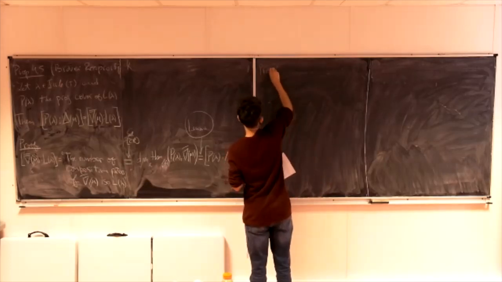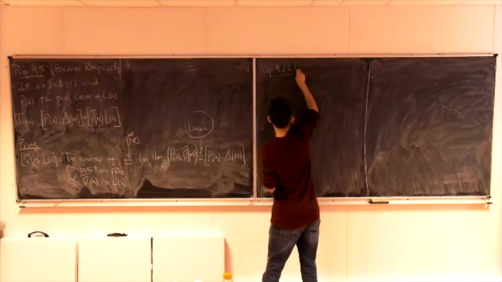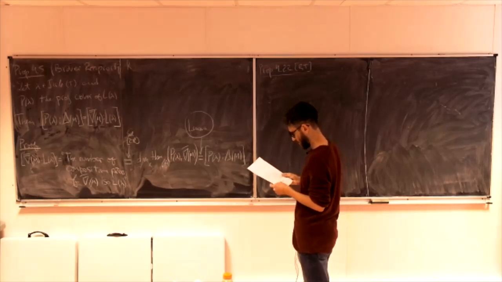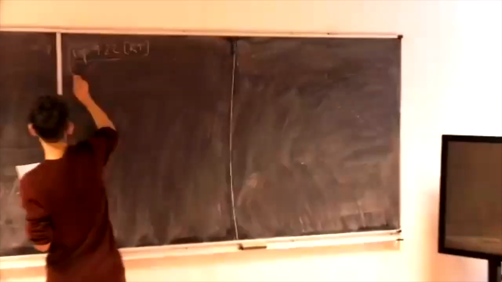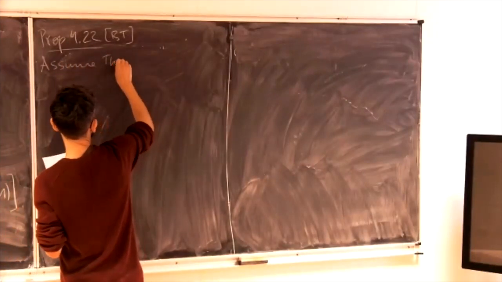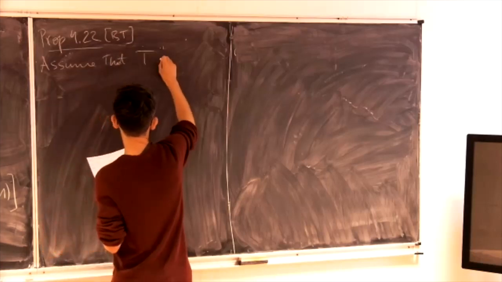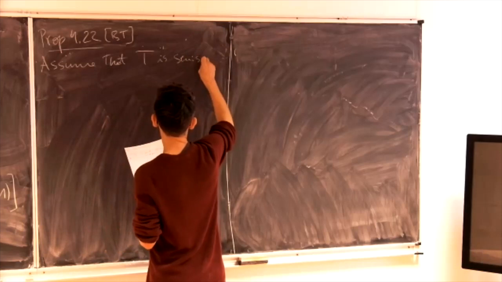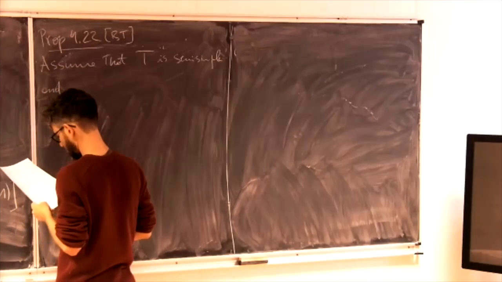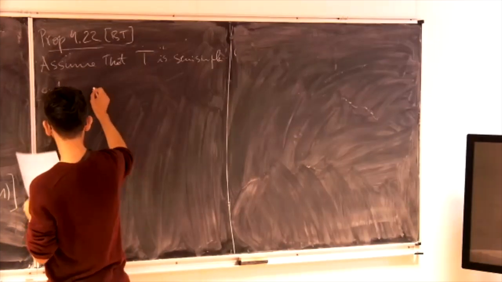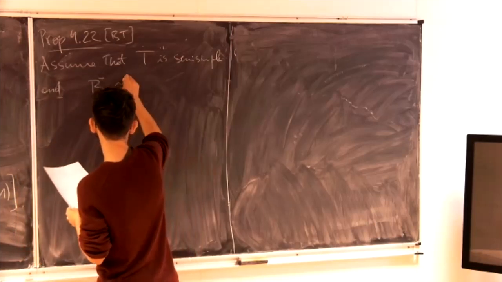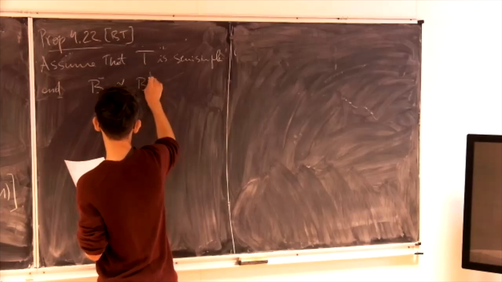This is proposition 4.22. It's also in Bellamy and Thiel. Assume that T is semisimple, and that there is a certain isomorphism between B minus and a certain dual of B plus.